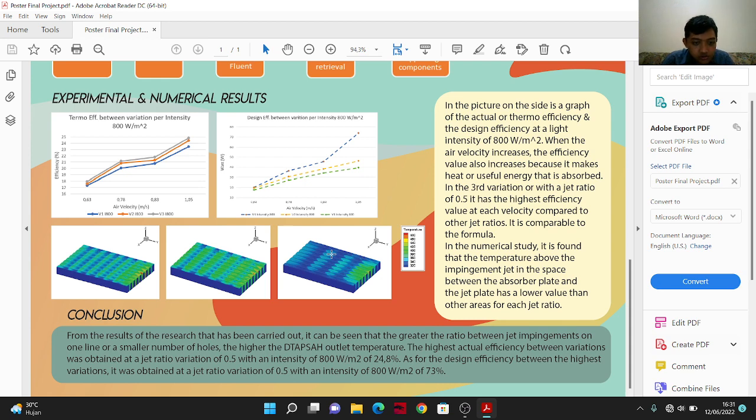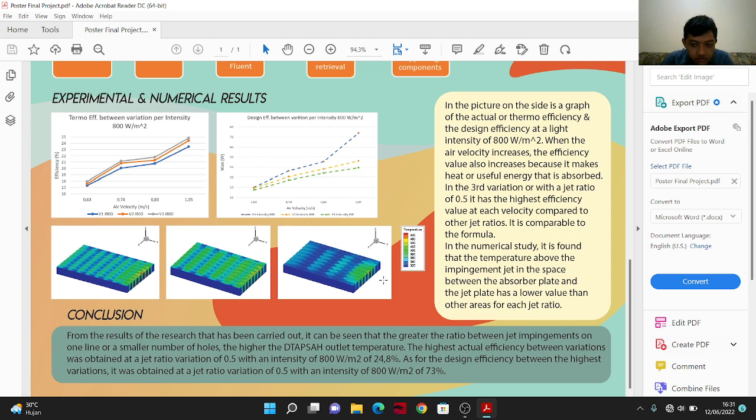Conclusion: from the results of the research, it can be seen that the greater the ratio between jet impingement on one line, or the smaller the number of holes, the higher the DTAP-SAH outlet temperature.